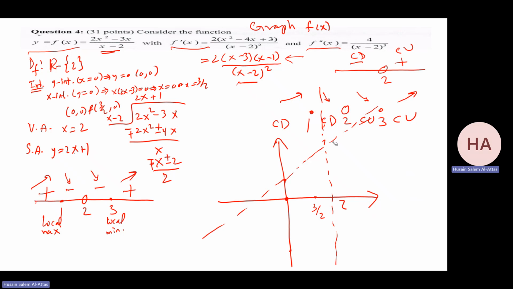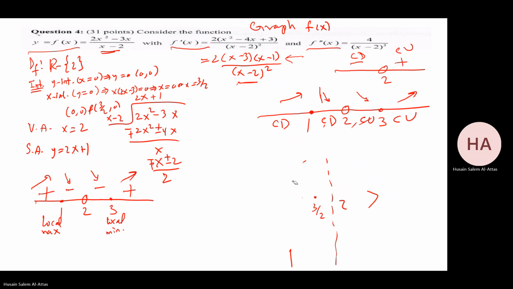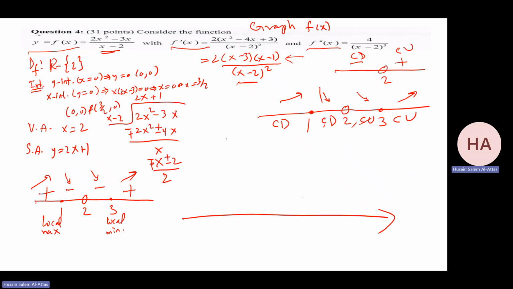You know what? Let me take it here somewhere, because I think I will do the graph up somewhere. That will give me like this. Okay.